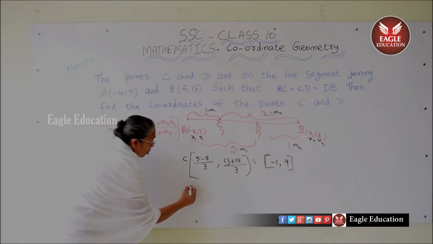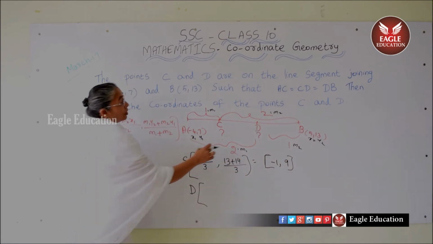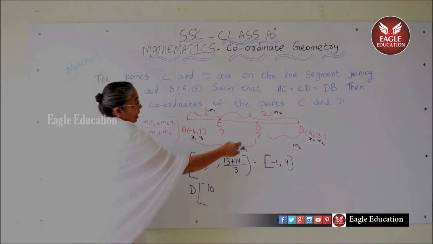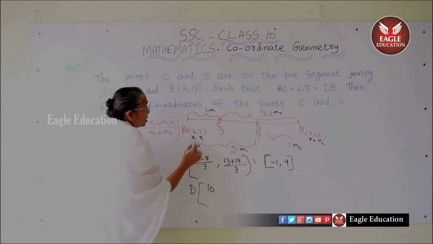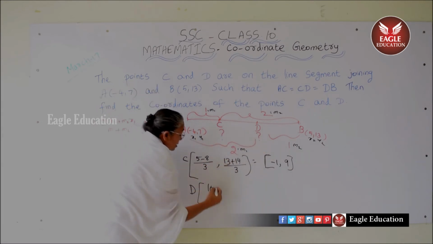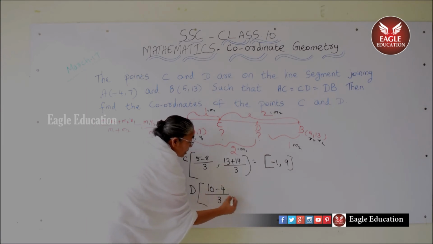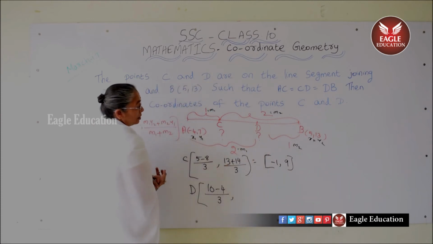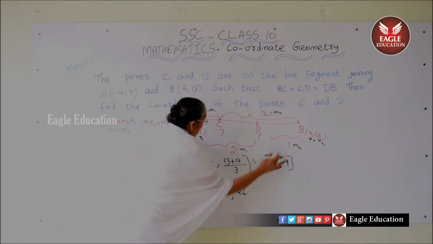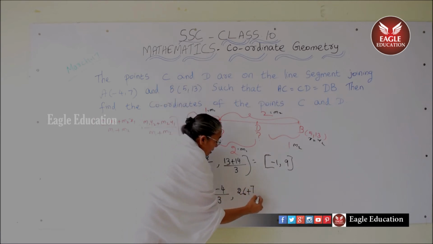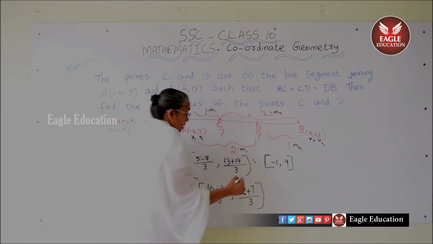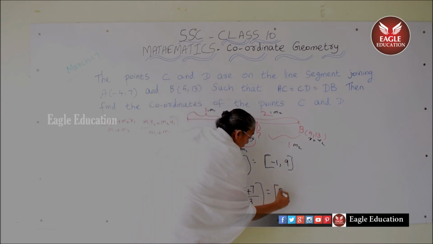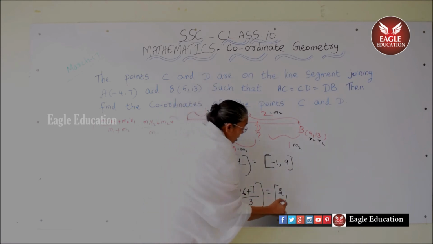So the coordinates of D are 2 times 5, m1 x2, so 10, and m2 x1, 1 times minus 4, divided by 3, comma the y coordinate, now 2 times 13, so 26, plus 1 times 7, 7, divided by 3. So the coordinates of the point D are 6 by 3, which is 2, comma 33 by 3, 11.